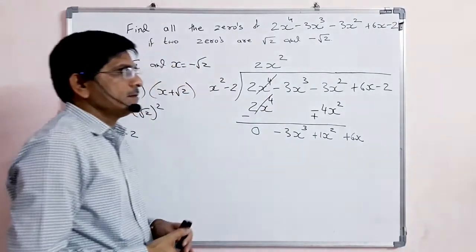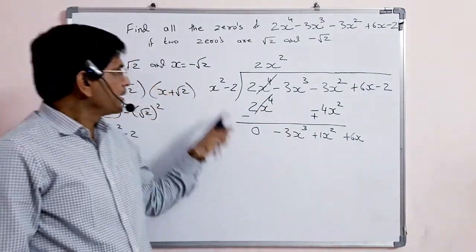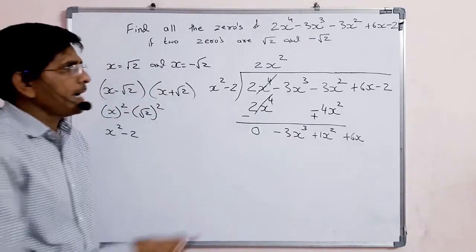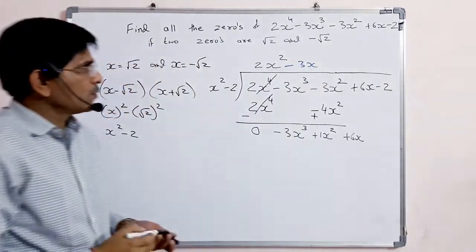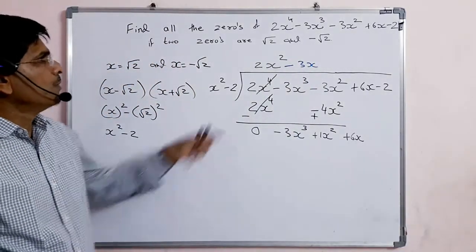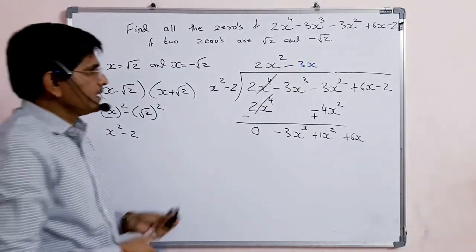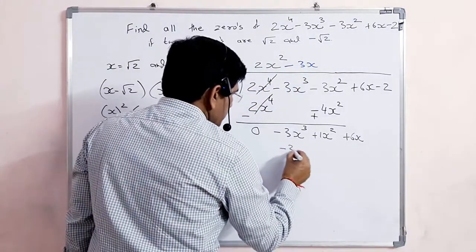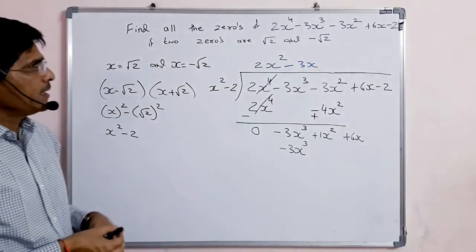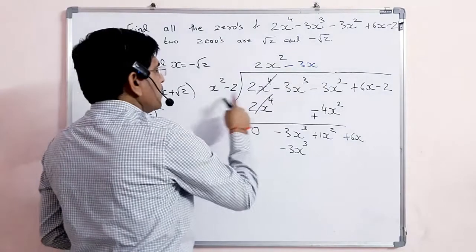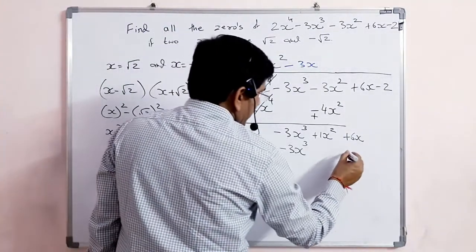Now again the same step. First term, minus 3x cubed divided by x squared, I get minus 3x. So minus 3x multiplied by x squared, I get minus 3x cubed. Now again minus 3x multiplied by minus 2, I get plus 6x.